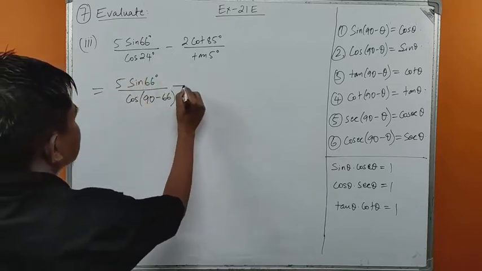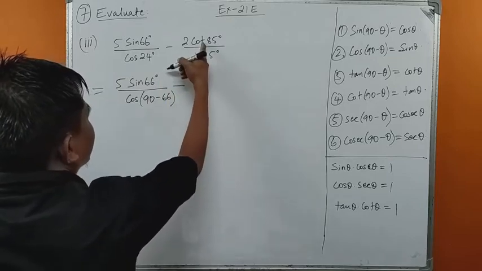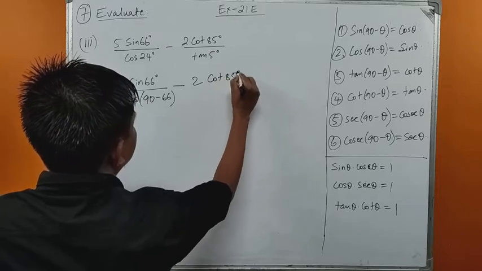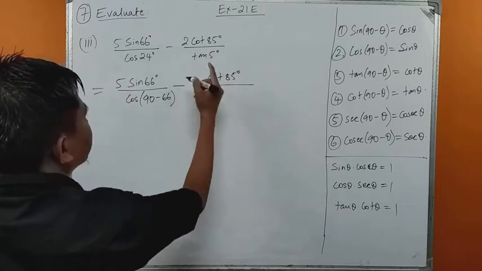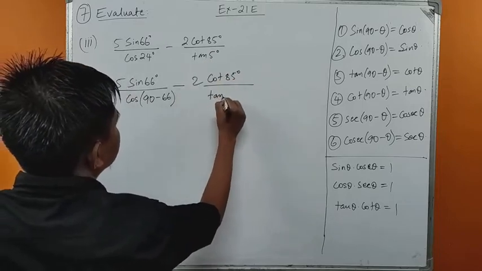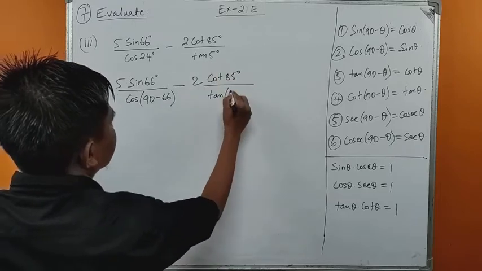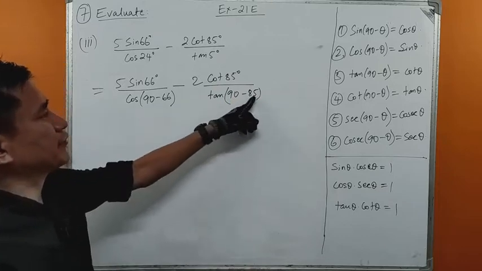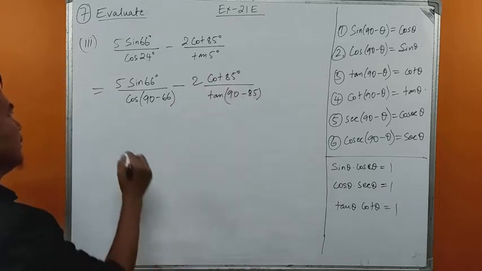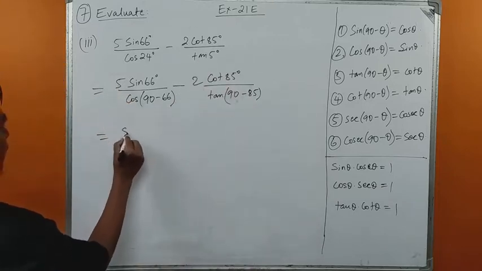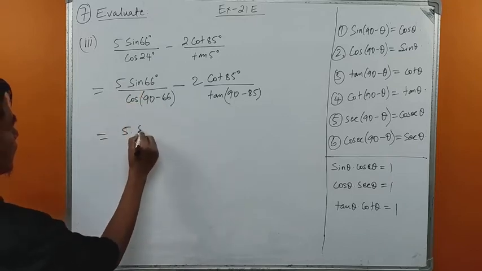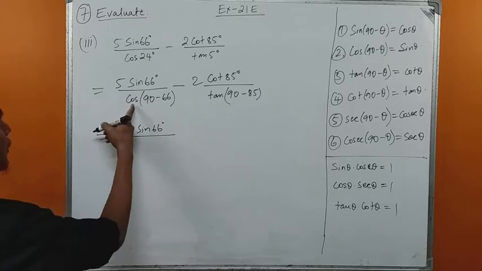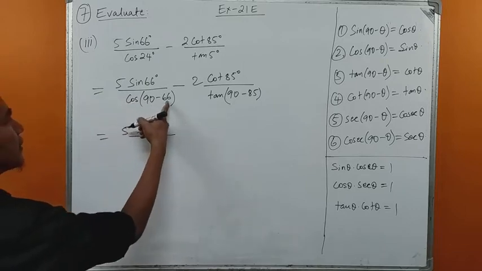So this is minus, this is 2, and in the numerator we have cot 85, I copy as it is, cot 85 degree, and in the denominator we have tan 5 degrees, isn't it? So tan 5 means instead of 5 I can write 90 minus 85, because if I subtract 85 from 90 I get 5. So this is 5 sine 66 degree, and in the denominator we have cos 90 minus theta.